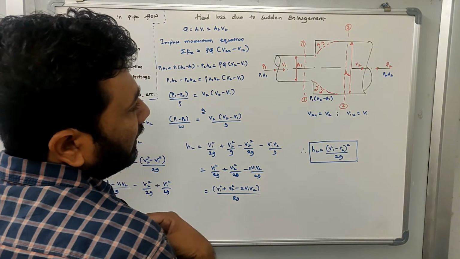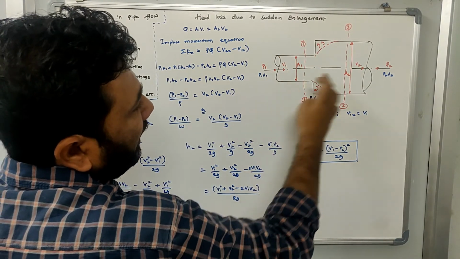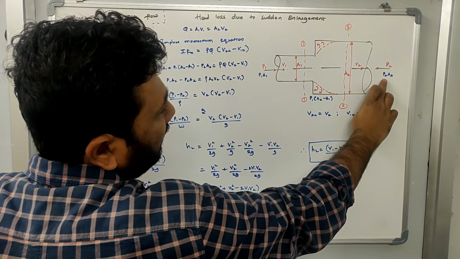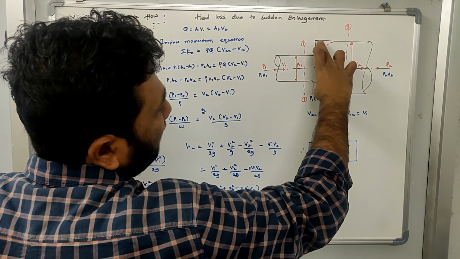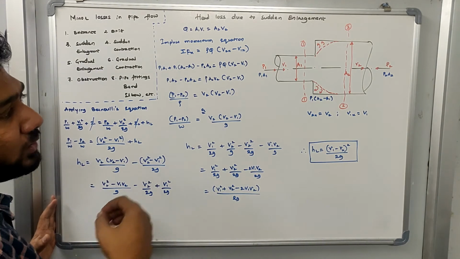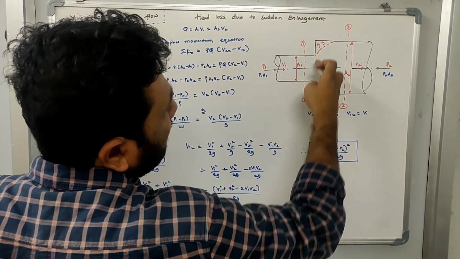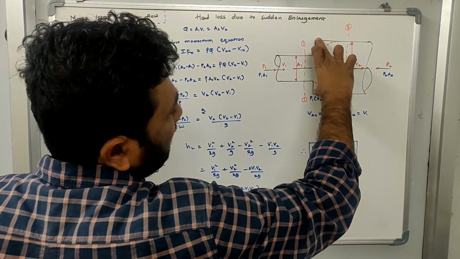At section 1-1 we consider the pressure to be P1, at section 2-2 we consider it to be P2, but we do not know the pressure at this point. But after several experimental observations, scientists have concluded that the pressure at section 1-1 is equivalent to the pressure at this junction also.